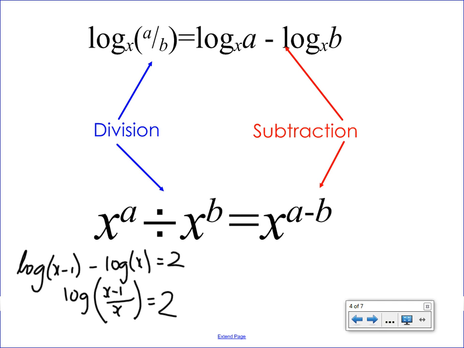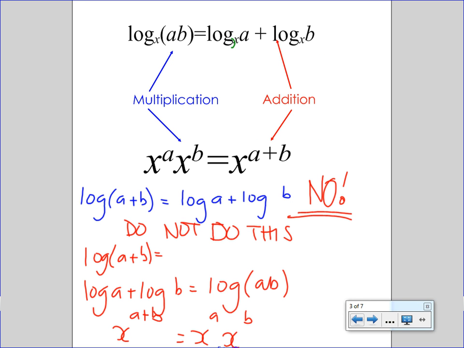So log a minus log b is log a over b. The only thing to point out with these formulas is that the bases do have to match up. So it doesn't matter what this base is, so long as they're the same there and there. And the same with the addition one. This base must be the same as this base in order to create that base there.